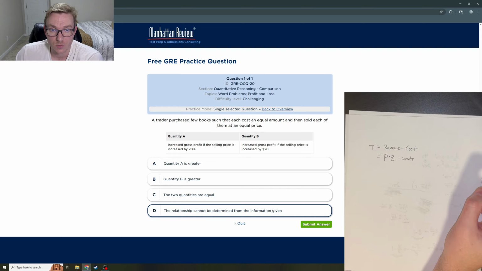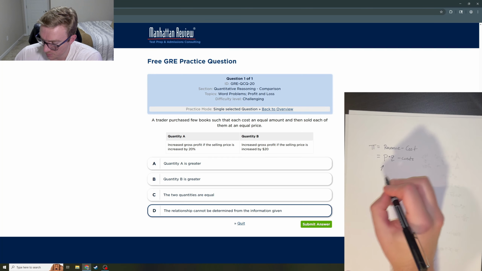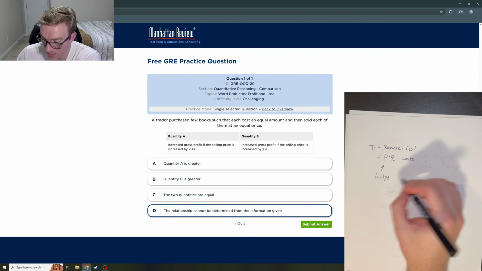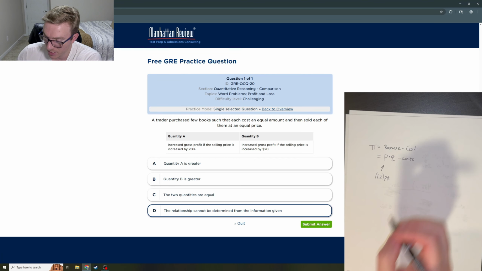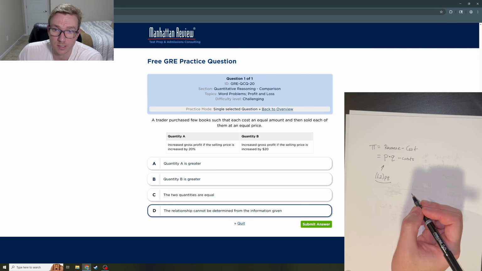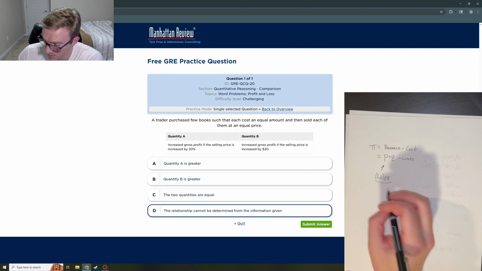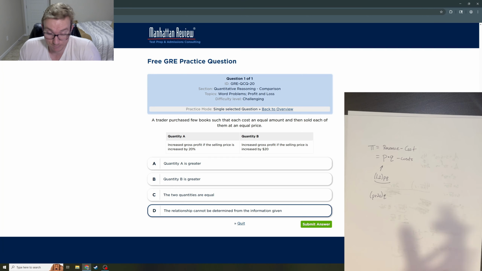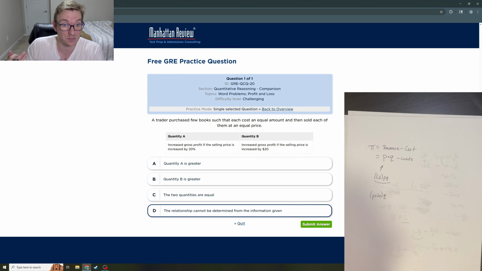If the selling price is increased by 20%, that's saying, what if I take this P and multiply it by 1.2, so 1.2 PQ? Since costs are unchanged, it's basically asking which is bigger: 1.2 times P times Q, assuming we're holding Q constant, or the increase if the selling price is 20 more, which is P plus 20 times Q. And the answer is, it depends on P. If P is 100, these are exactly the same. If P is less than 100, B is bigger. If P is bigger than 100, A is bigger. So D must be the answer.